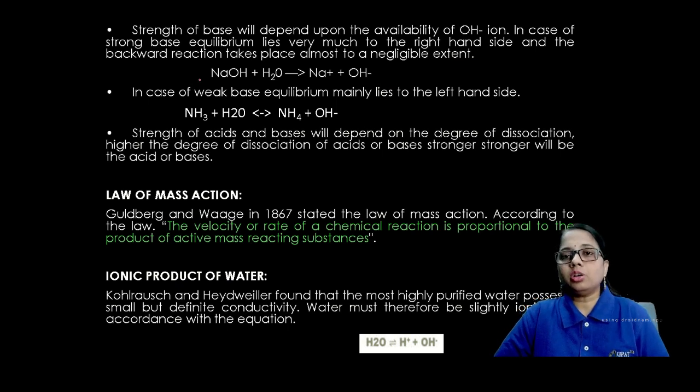Similarly, in the previous slide we saw a strong acid; here it is a strong base, and the reaction is not reversible. So NaOH is going to give you OH minus ions. In the case of a weak base, the equilibrium mainly lies to the left hand side.